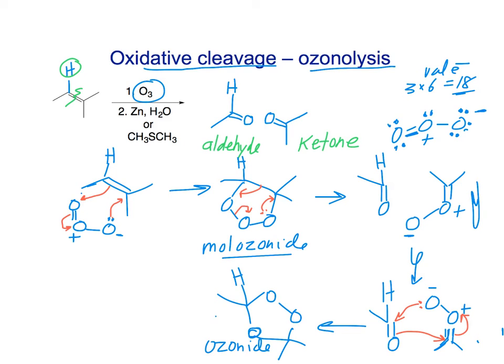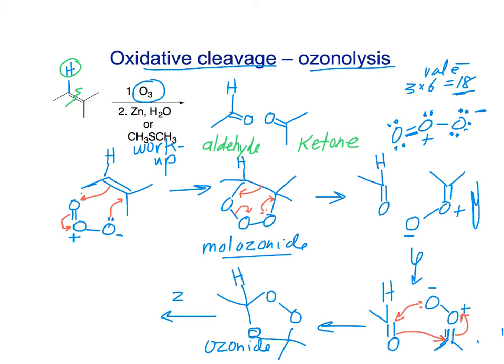From here, we do the second step of the reaction, and this is sometimes called the workup. What it's going to do is destroy this ozonide, and it's going to destroy any excess ozone that we have in the reaction. In fact, this is actually a reduction step. So it's going to reduce the ozonide and get rid of one of those three oxygens.